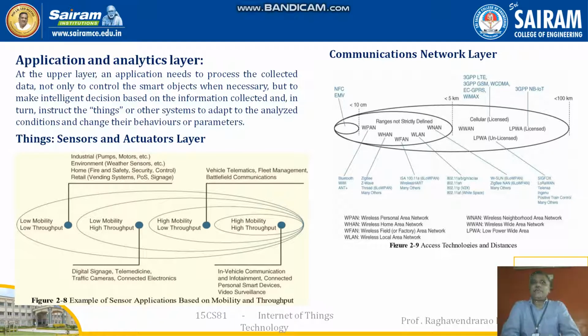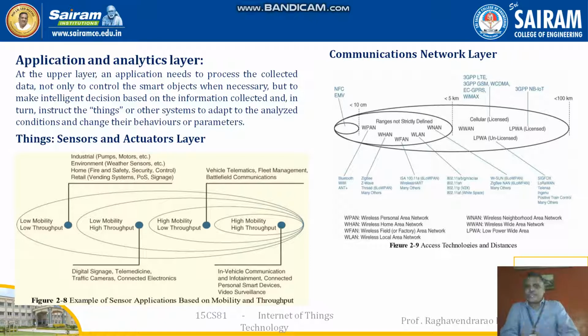At the upper layer, the application needs to process the collected data, not only to control the smart objects when necessary, but to make intelligent decisions based on the information collected, and in turn instruct the things to execute orders, so the system adapts to the analyzed conditions or changed behaviors immediately.